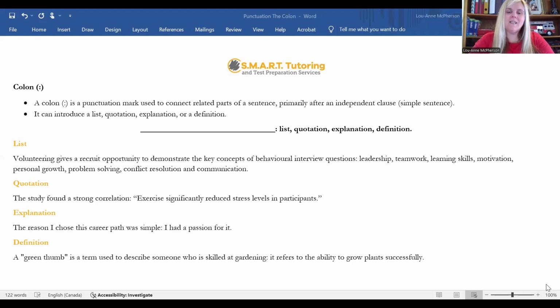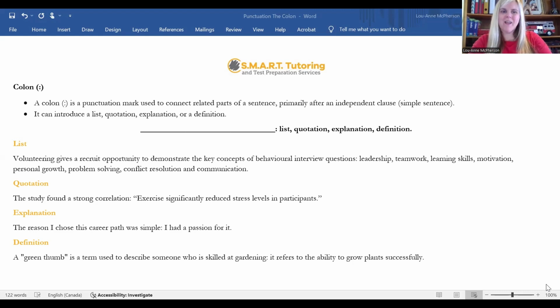So in this case, again, you're going to locate those key words in the passage and then identify the colon as the tool the writer is using to introduce the explanation, or in this case, the quotation that you're going to pull the information from to answer the question on your test.